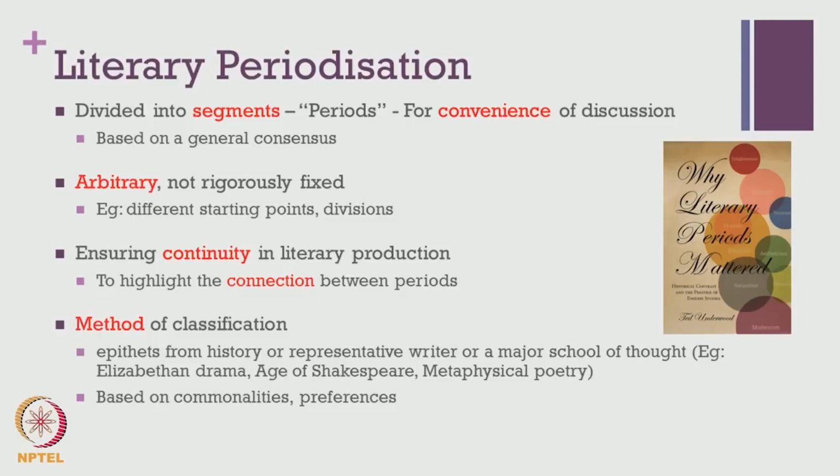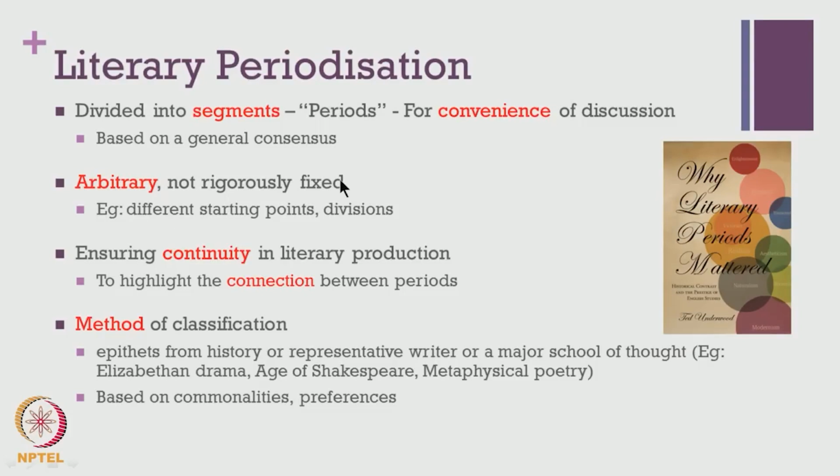Now, we come to another important aspect of literary histories, which is literary periodization. So, as and when we progress through this course, we may begin to note that our discussion is conveniently based on particular literary periods or literary ages. So, why are these segments brought into place?